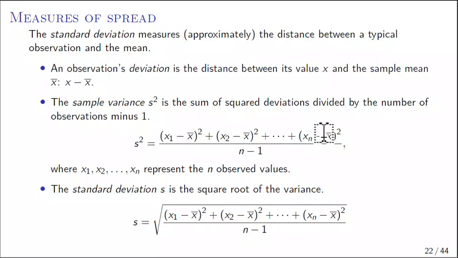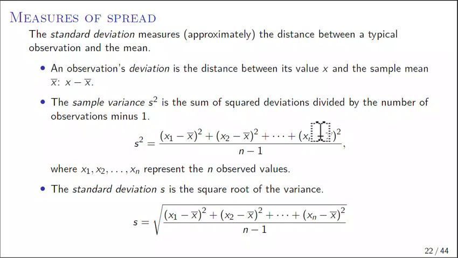That means if we have n numbers, we know the sum of those n numbers is 0. As long as we know n minus 1 numbers, the last number is a fixed number. Basically, the last number does not have any degree of freedom at all. As long as you know the first n minus 1 numbers, the nth number is fixed. That's what we mean by losing 1 degree of freedom. That's why we divide by n minus 1 instead of n.